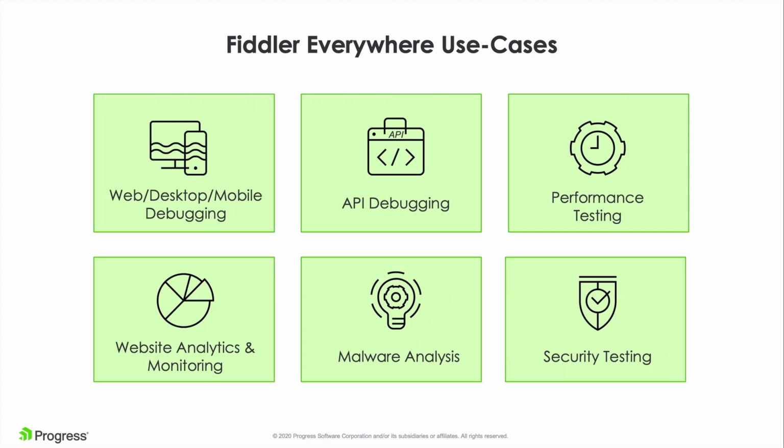You can also use Fiddler Everywhere for analytics debugging when you need to verify the tag setup in Google Analytics or your other analytics engines. Similarly, you can also use Fiddler Everywhere in malware analysis to reverse engineer malware. And finally, Fiddler Everywhere is also used in security testing, where it is used to inspect and manage web sessions and even check for cross-site scripting vulnerabilities.